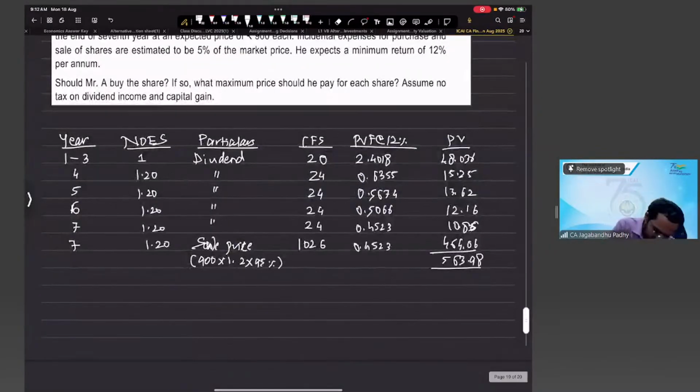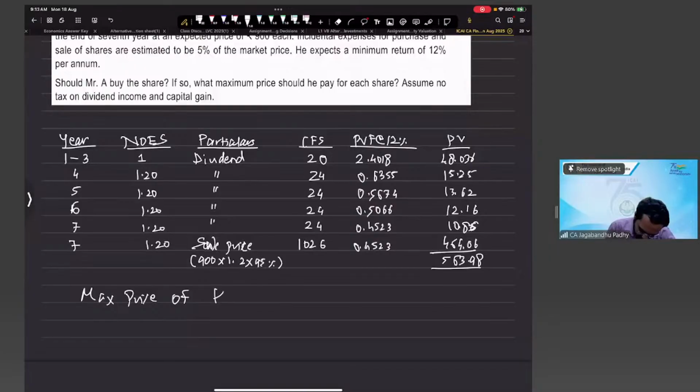Of course, this 563.98 is the total that I can pay. Would the price of the share then be 592.18 after adding 5%? Because when you're buying, you need to pay additional, right?